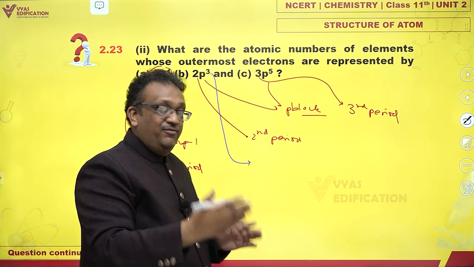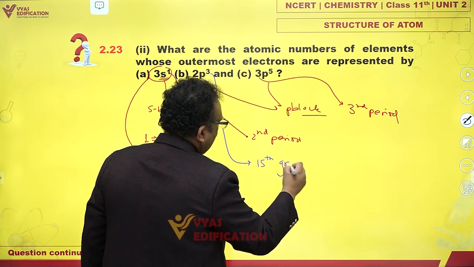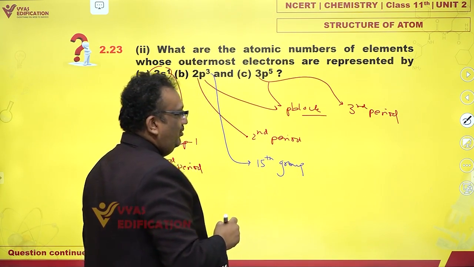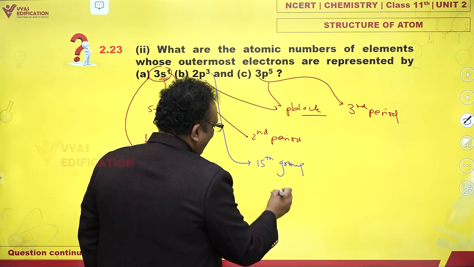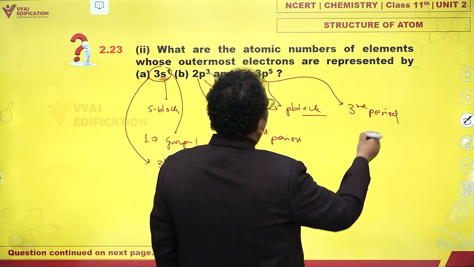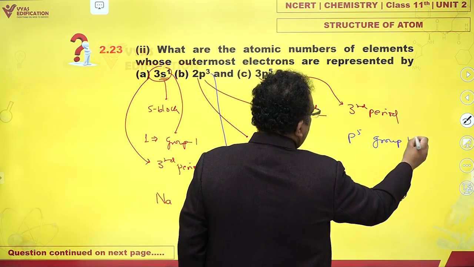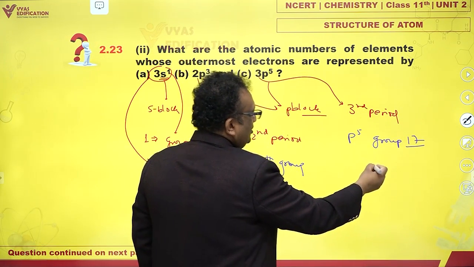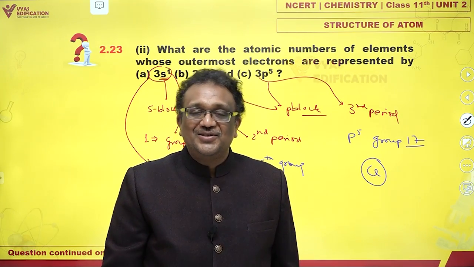So 13, 14, 15. So this is the 15th group. 15th group is nitrogen. Yes, so we are talking about nitrogen. P5 would refer to group 17. Halogens, yes. Third period halogen, we are talking about chlorine. This is how you get chlorine.